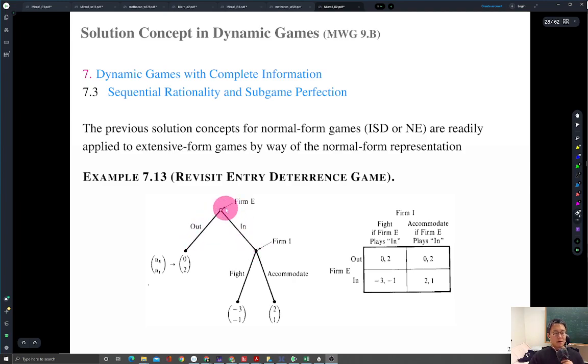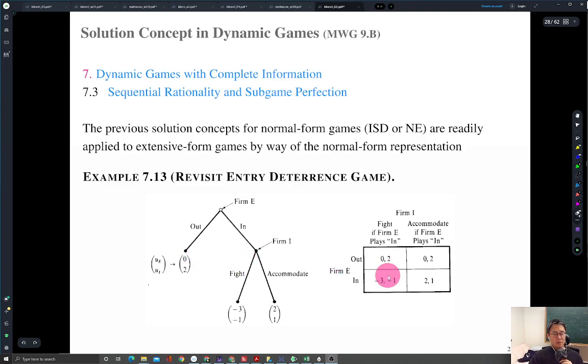If the entrant decides to enter, now the incumbent has a chance to move, choosing between fight and accommodate. From this representation, we can see that each player has just one information set, because when the entrant decides to stay out, there's no chance for the incumbent to move. The game comes to an end right away.